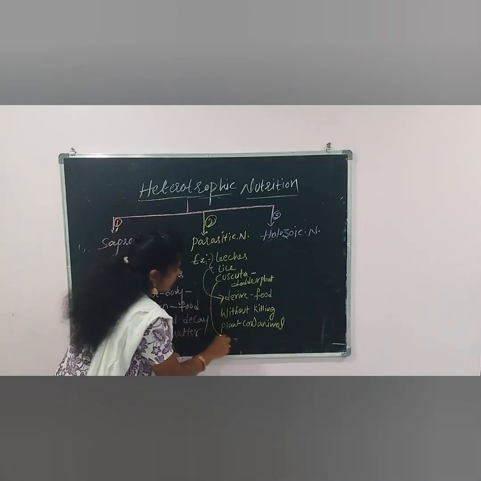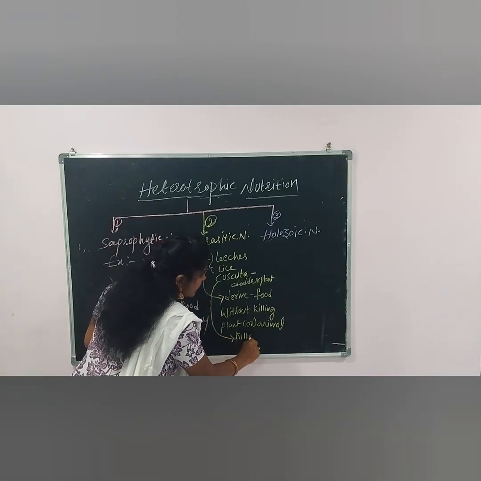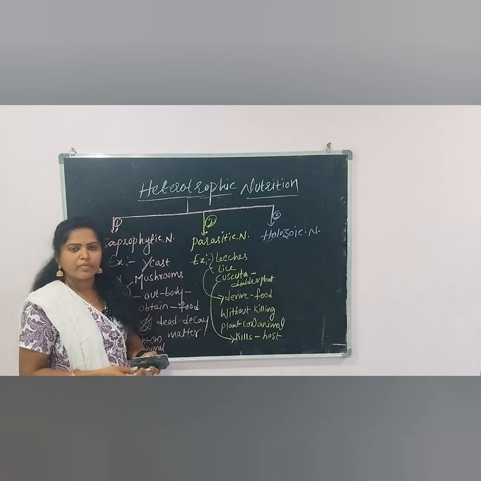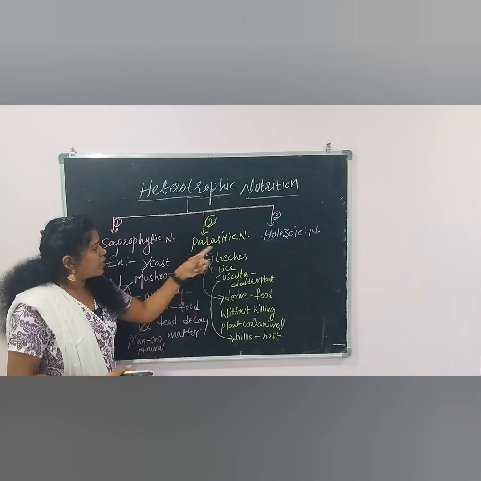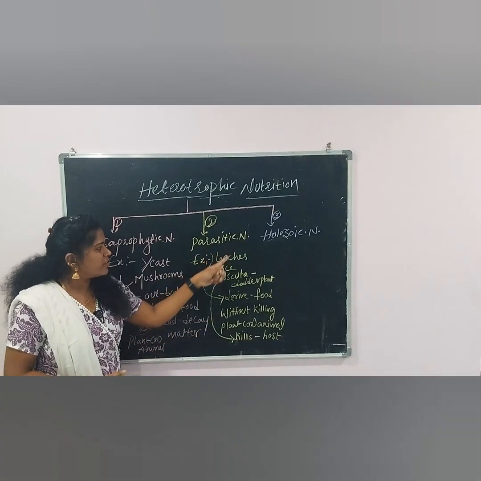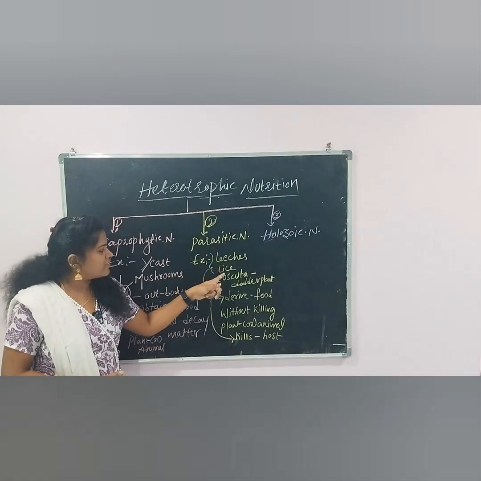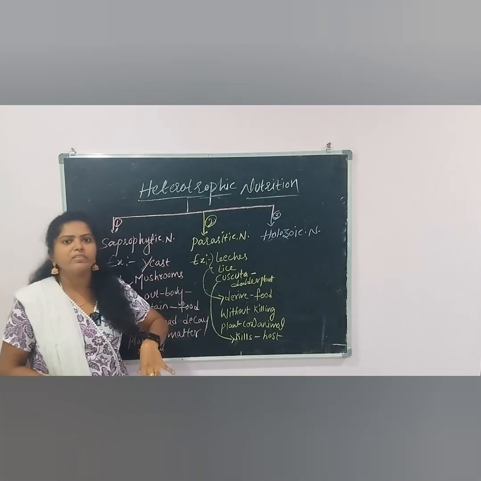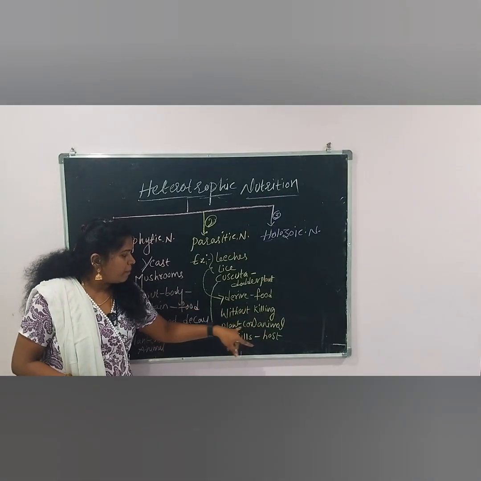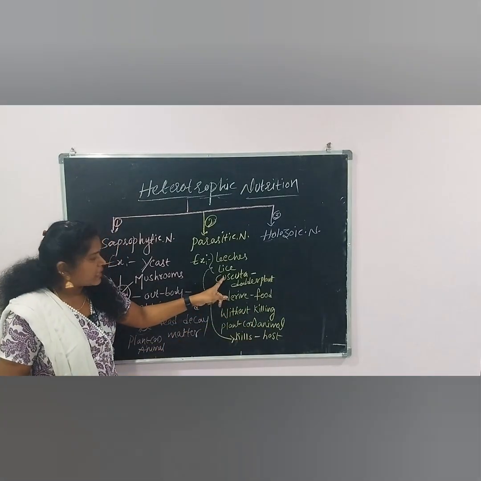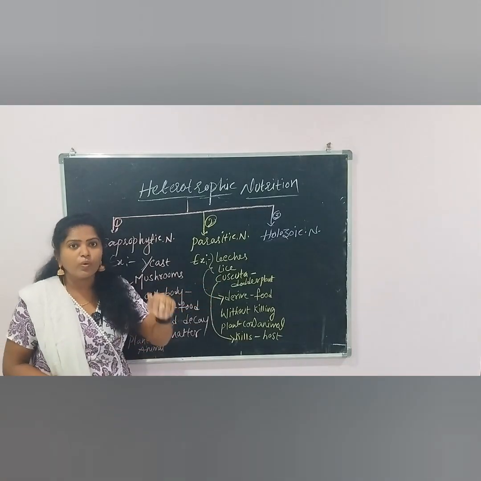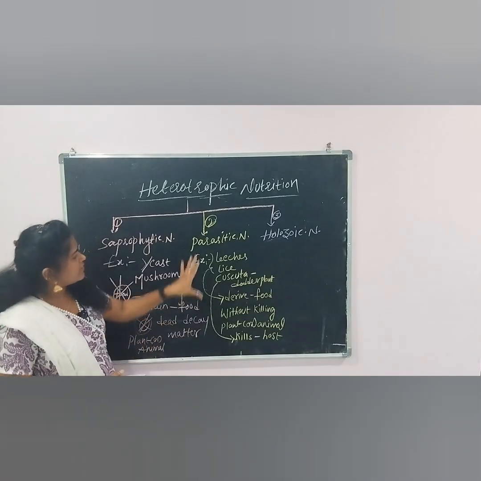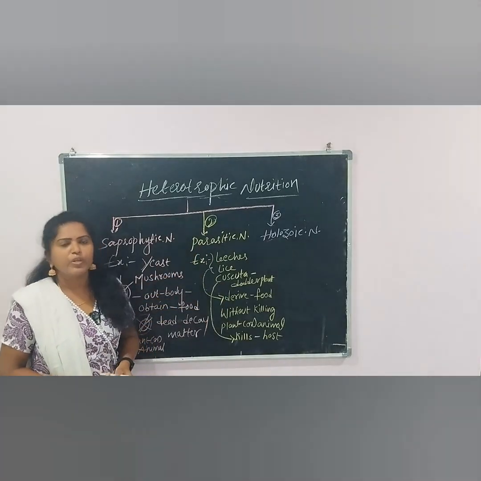This cuscuta kills the host plant. Let us repeat the definition of parasitic nutrition. Examples are leeches and lice. These organisms derive the nutrients without killing the plant or the animal, except the cuscuta, because it depends on the host plant. Sometimes this cuscuta kills the host plant. This is all about parasitic nutrition.